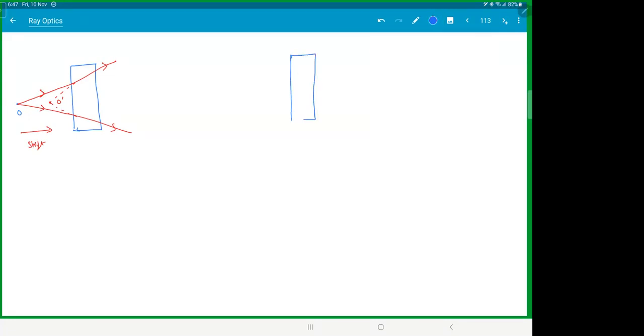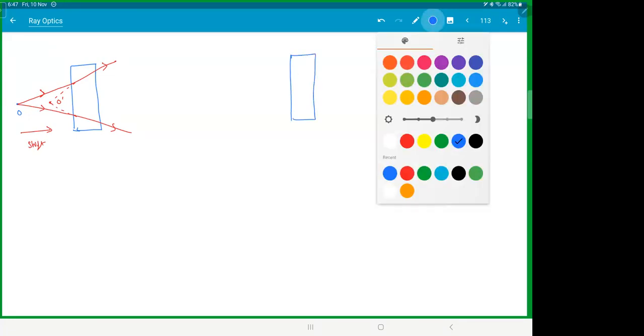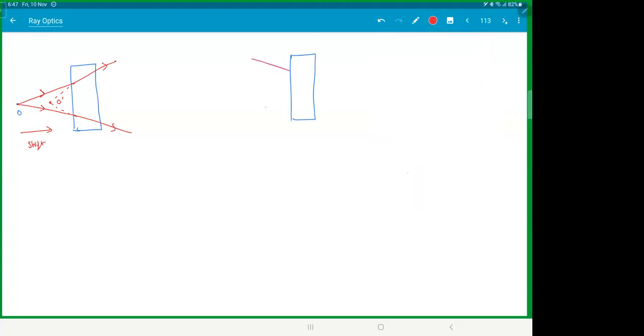Suppose the light rays were supposed to meet here, but you kept a slab in the middle, meaning if the slab was not there, it would have met here. This kind of thing is called a virtual object. It was supposed to meet there, but you're not letting them meet. Then the light rays will deviate and they meet somewhere here, O dash.